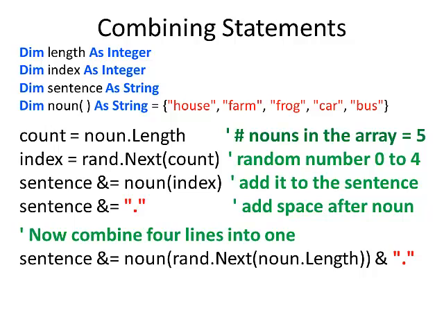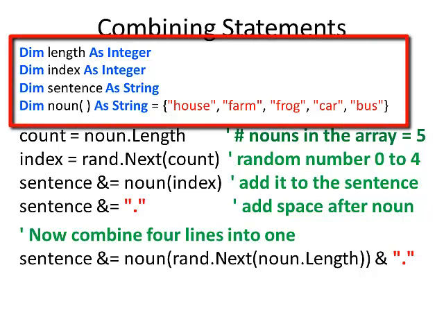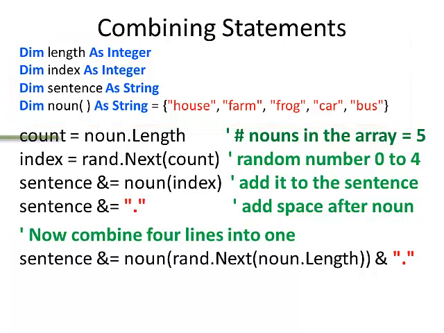Sometimes you can accomplish the exact same result using multiple lines of code or combine everything into one line. In this example, let's assume we have already defined length and index as integers, sentence as a string, and noun as an array of strings. I can say count equals noun.length.